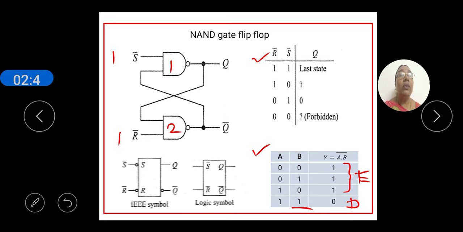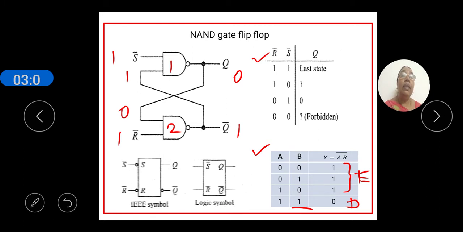So, in order to know the other inputs, let us assume that the previous state of the flip-flop is Q is 0 and Q bar is 1. When Q is 0, the other input of the second NAND gate is 0 and the other input of the first NAND gate is 1.